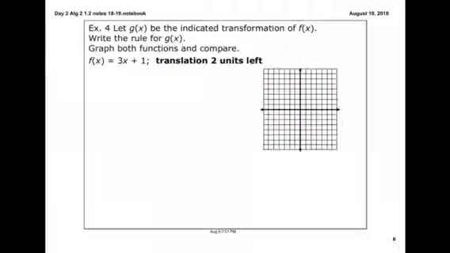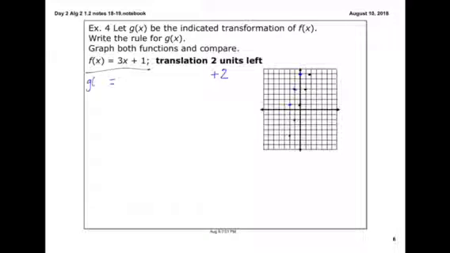Looking at example 4, let g of x be the indicated transformation of f of x. Write the rule for g of x, graph both functions, and compare. If we graph f of x, we start with a y-intercept of 1. Our slope is rise 3 over 1. If we want to translate this 2 units to the left, we can count 2 units to the left from each point. Or remember, 2 units to the left is also algebraically changing our h, which would be plus 2.